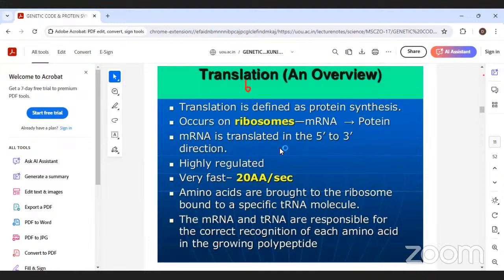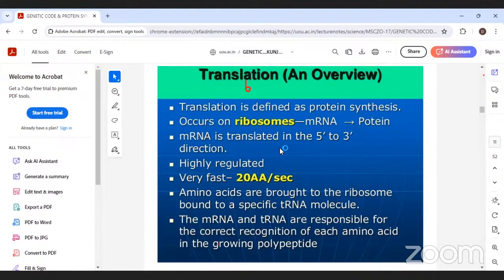One is the mRNA, the second is the rRNA, and the third is tRNA. mRNA is messenger RNA, tRNA is transfer RNA, and rRNA is ribosomal RNA.